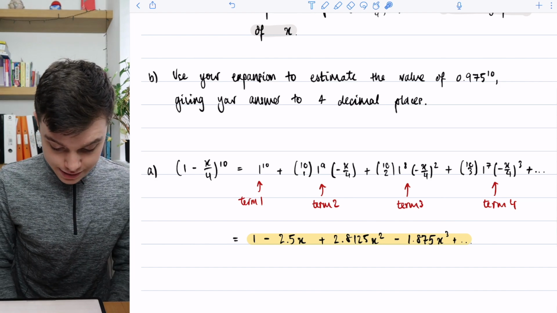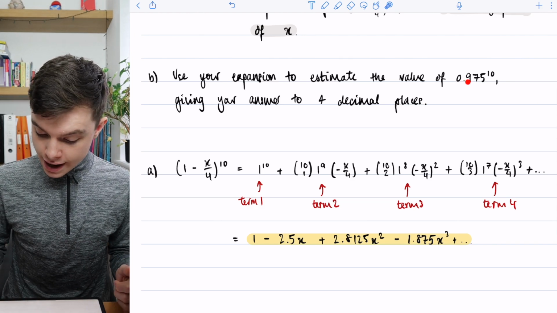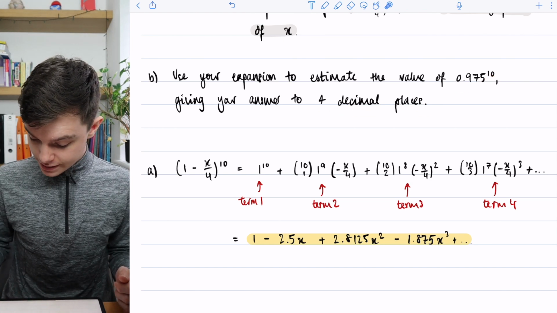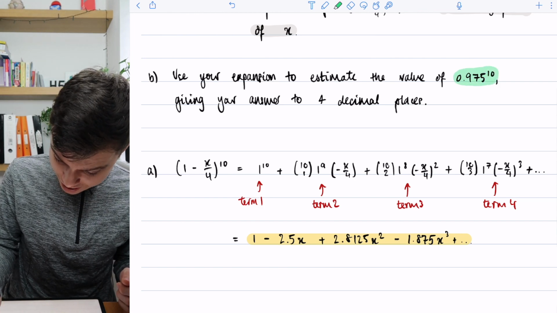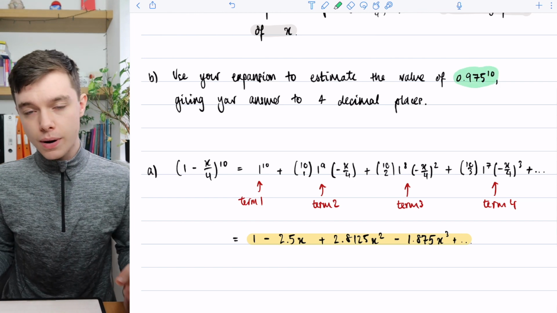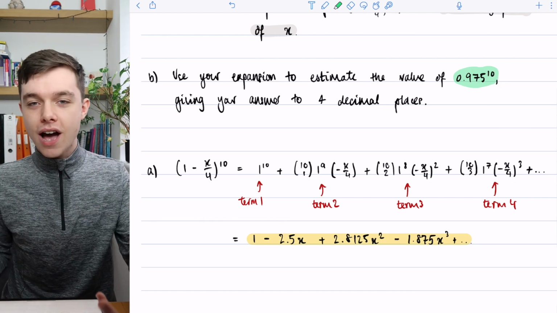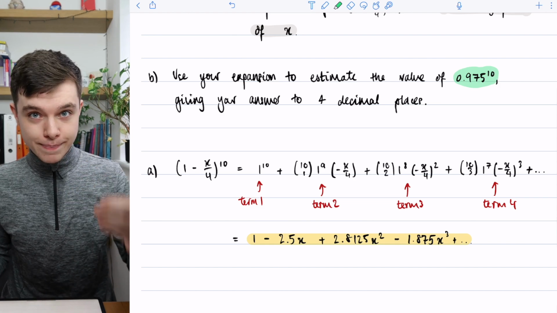Then part B says use your expansion to estimate the value of 0.975 to the power 10, and we want it to 4 decimal places. I just want you to have a look at the estimation that we are trying to do, and the keyword is estimate. Don't just type that into your calculator and write the answer down, because that's not an estimation. It's telling you to use your expansion.